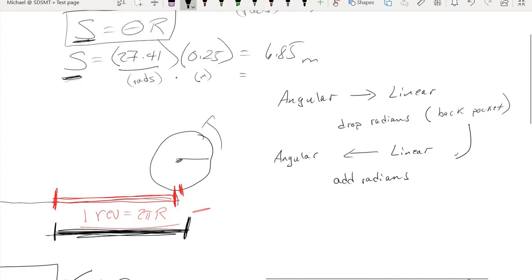And that later is when we go to convert from linear back to angular. You're going to need some radians, so you're going to take those from your back pocket. So put in back pocket, take from back pocket.